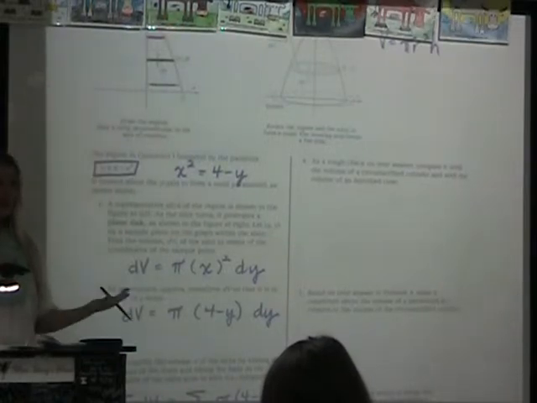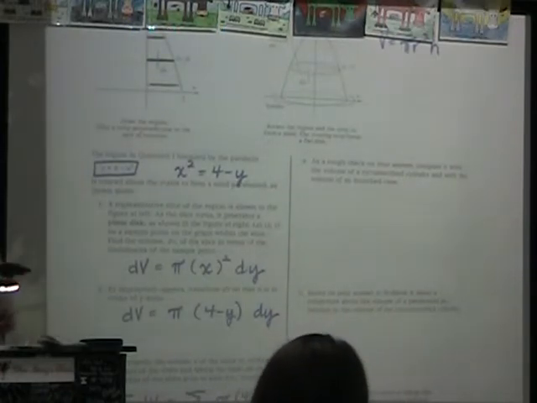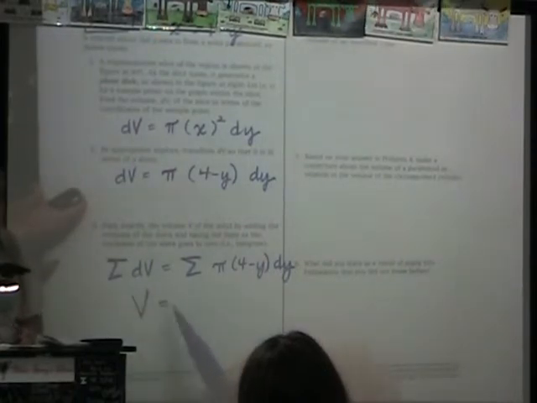In fact, we're going to stack up an infinite number of disks. So take the limit as n approaches infinity. And what will that give us if we add all those little volumes together? It will give us the actual volume of the solid, right? So the sum of all the dVs, we're just going to call V.